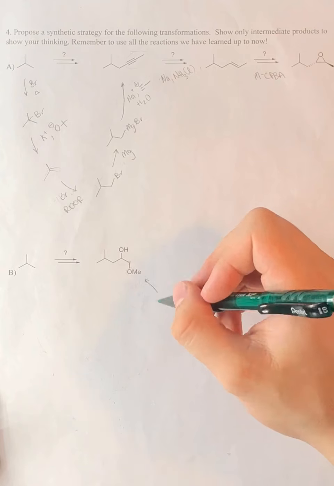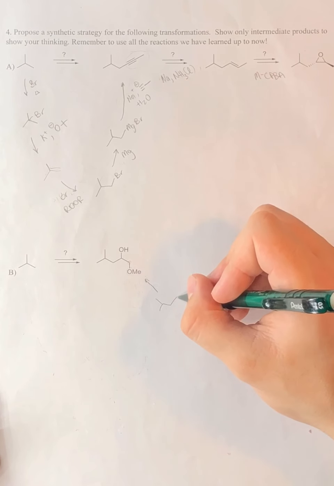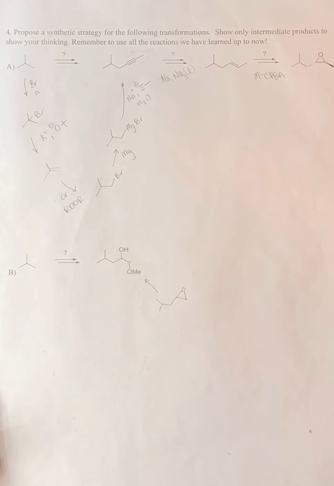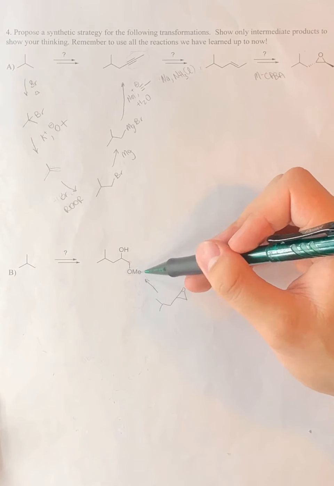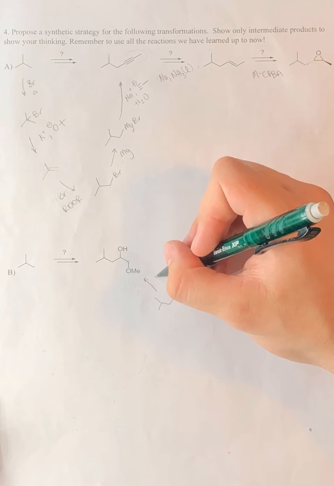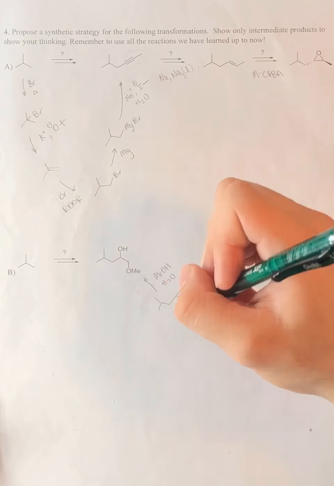So if we were to redraw this, we can redraw it like this. Now, because we're going to add this methoxy group, we can use something such as MeOH followed by water.